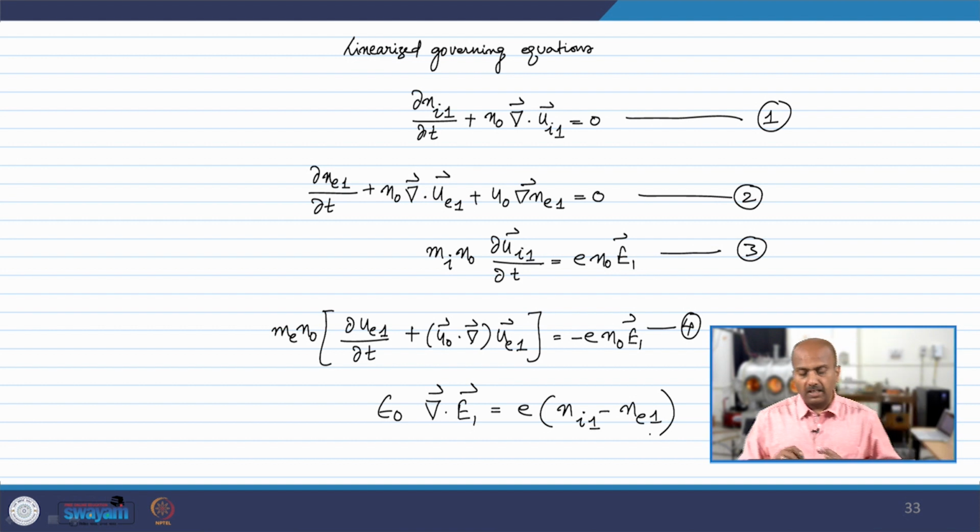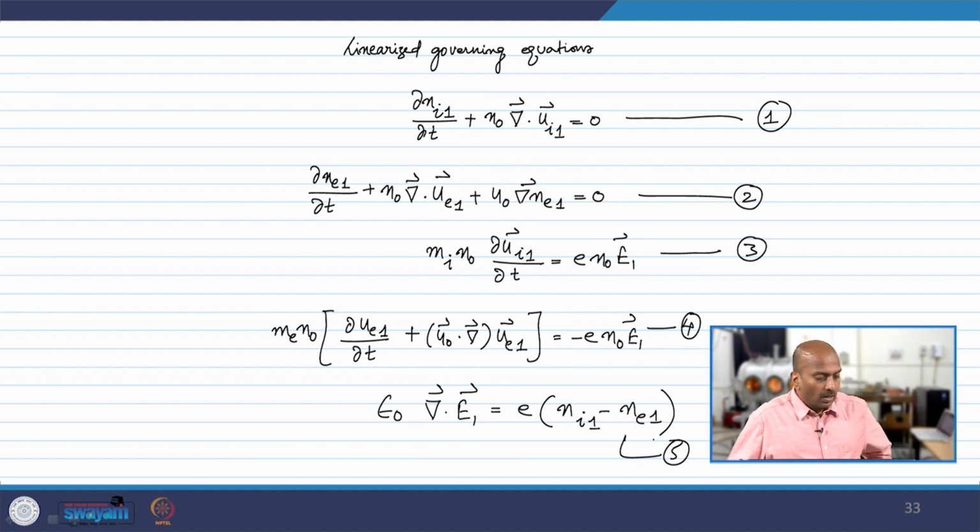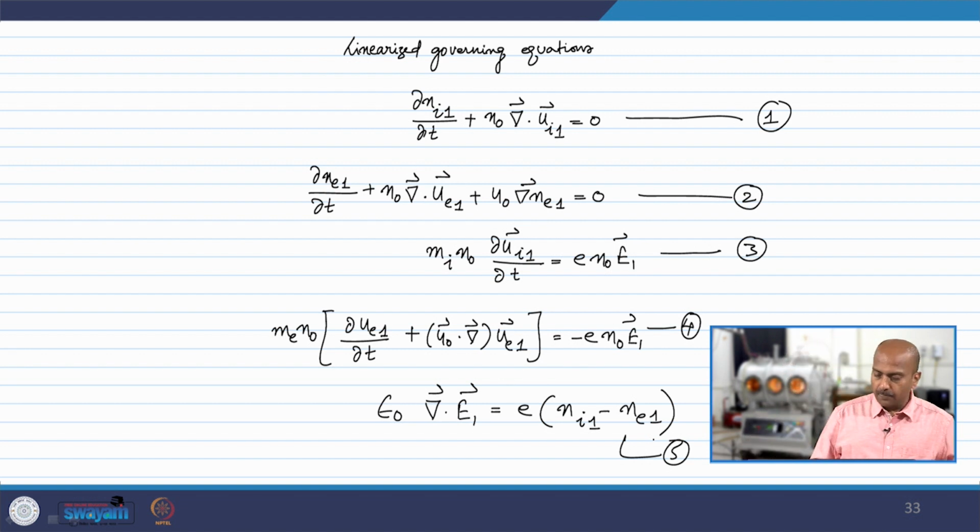So, you are assuming that the electrons are moving ahead and the ions are actually at rest. We call this equation number 5. Before you get these equations, there are at least 10 different steps, after which you get these equations. Now, after this, the process is simple.